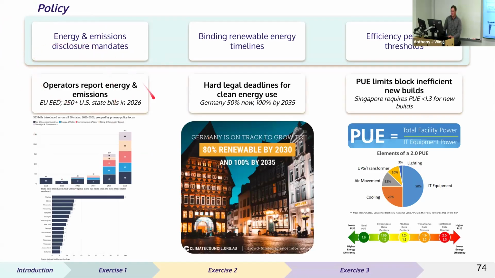With policy, that looks like making sure that operators are reporting what types of energy they're using, that there are hard legal deadlines for clean energy use, and that data centers being created are running very efficiently. You want to make sure that the primary purpose of these data centers is powering the IT equipment, not also spending that power on air movement and cooling and all of these things, right?